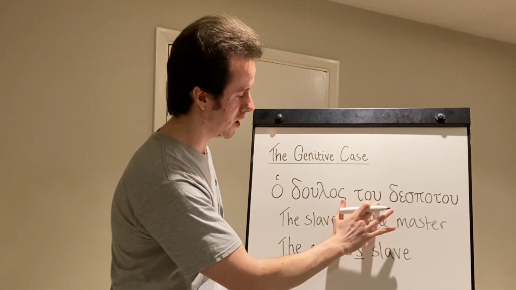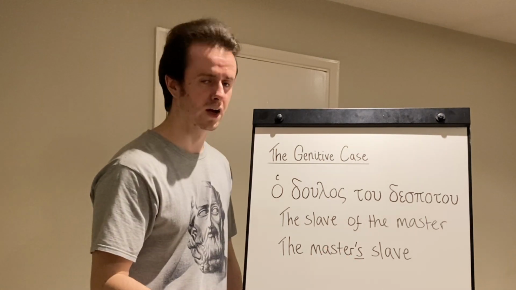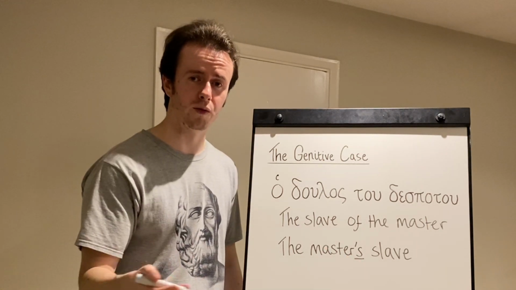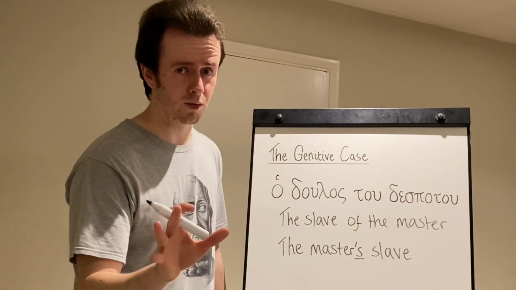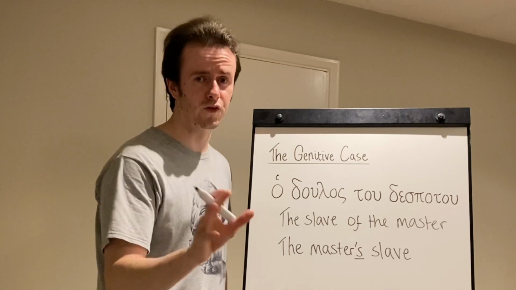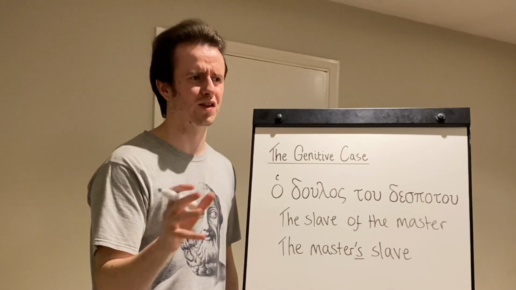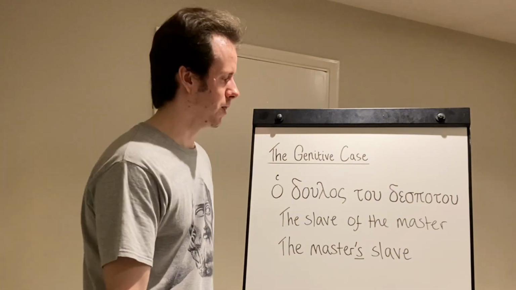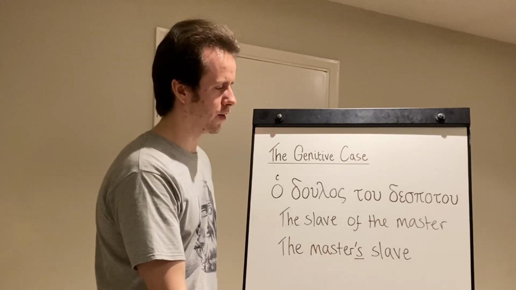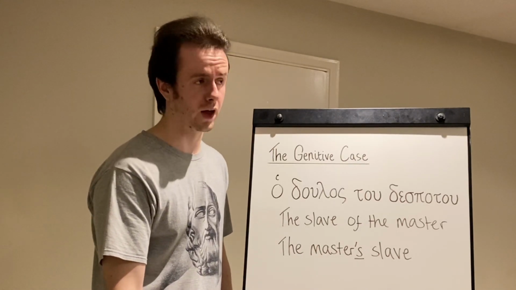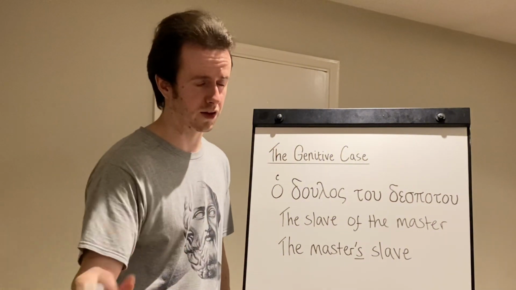We know from the singular part that it's just one master, and therefore we've just put apostrophe s rather than s apostrophe, which would be used for plural possessors, except in the case of a few irregular nouns. Irregular nouns in English, that is. So for instance, with the word "women", we do still use apostrophe s because the noun "women" is already plural. But with most nouns, with regular nouns, we use apostrophe s for the singular when somebody possesses something, or s apostrophe for the plural when numerous people possess something.